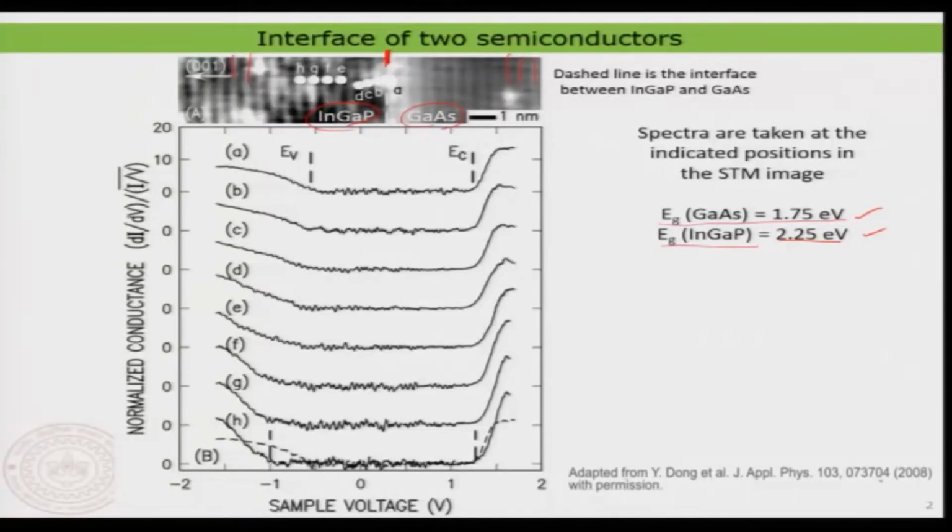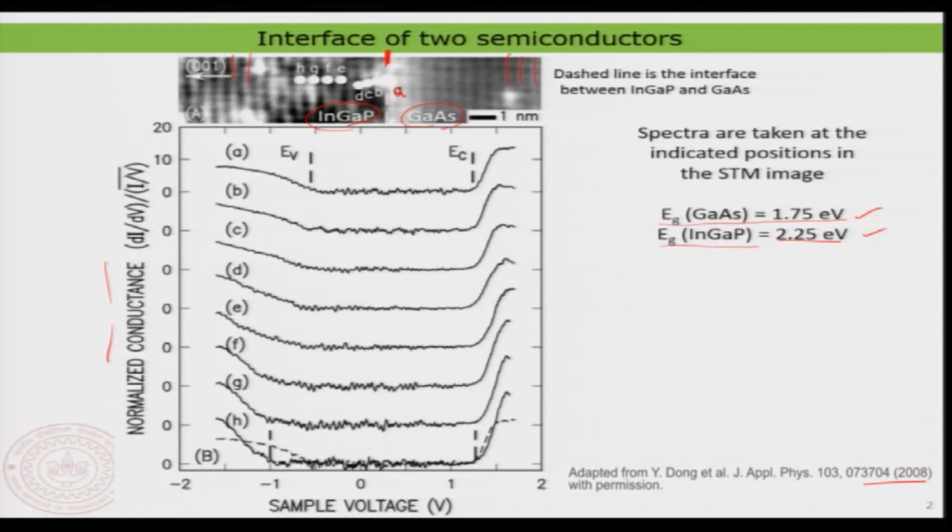Of course, it is not very old literature, 2008, but people do it very routinely, particularly spectroscopy. Now, what I am showing you here are dI/dV, that means normalized differential conductance, taken along different lattices from the interface. You can see there are letters written as A, B, C, D, E, F, G, H, and these represent the lattice lines at the interface.